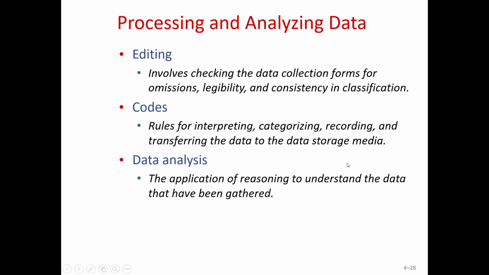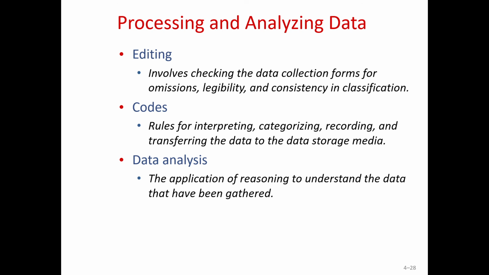Processing and analyzing data. Editing and coding. After the fieldwork has been completed, the data must be converted into a format that will answer the manager's question, and this is the data processing and analysis stage. The information content will be mined from the raw data. Data processing generally begins with editing and coding the data.